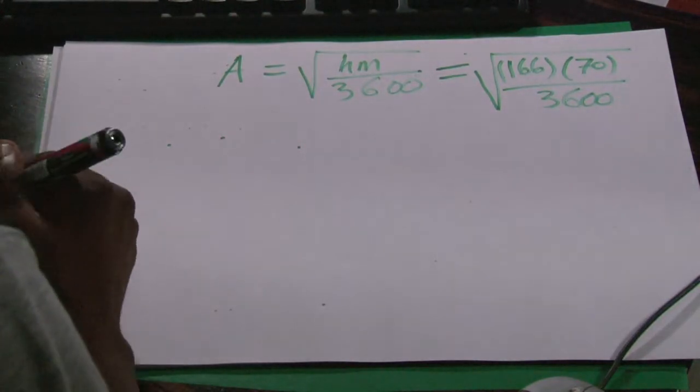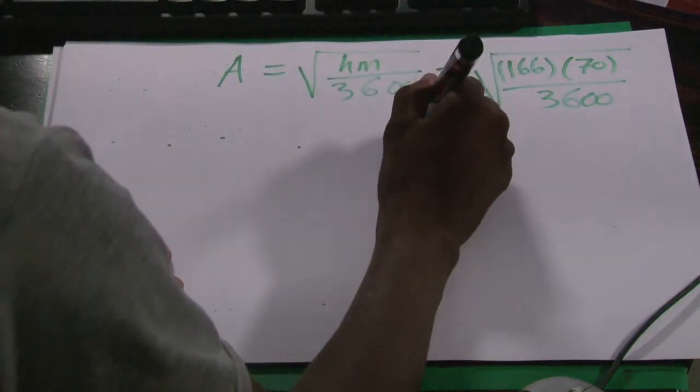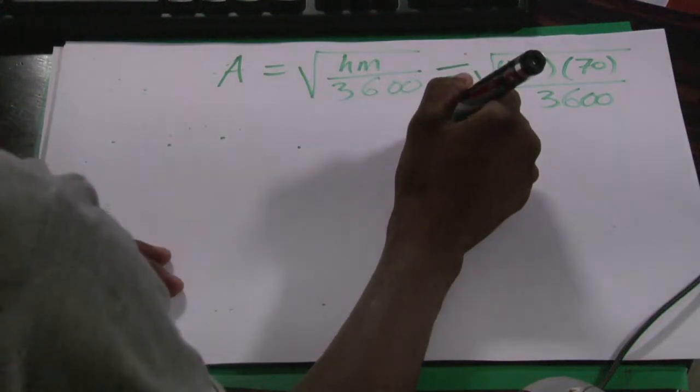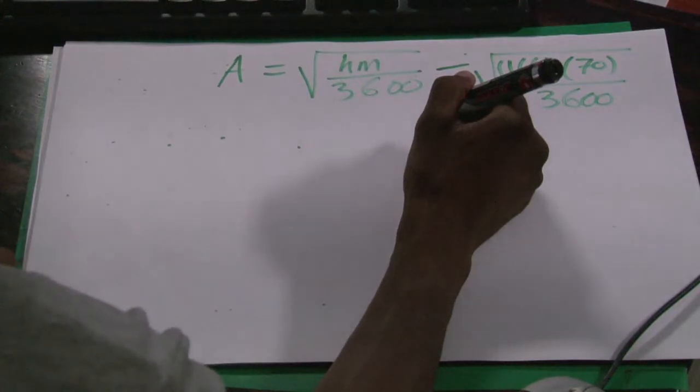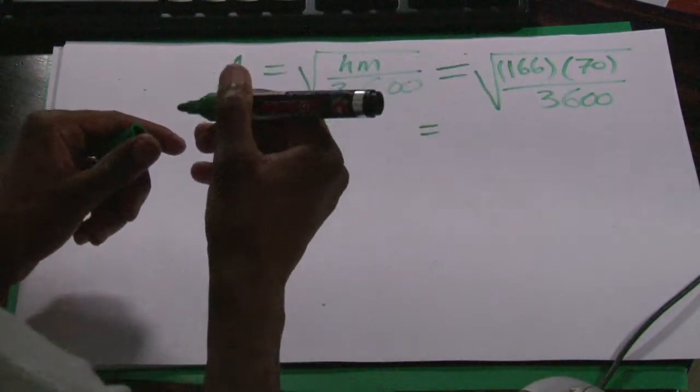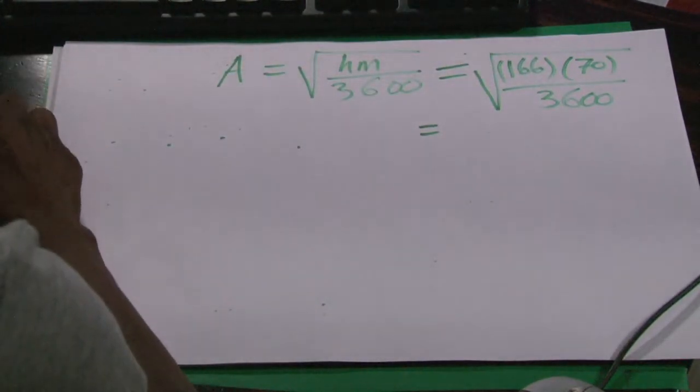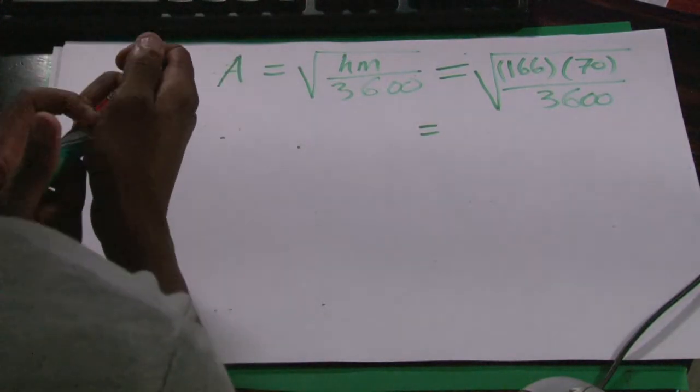What are we getting? We are getting 1.79660173. So remember this, you cannot write this answer as a fraction, so meaning that it's an irrational number.